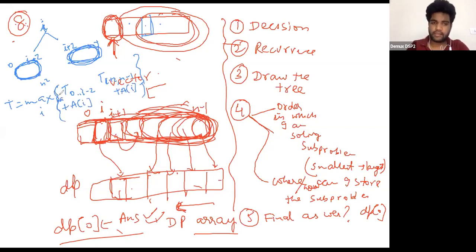So you have a max here, you have this plus this, right? This is the recurrence. So if t denotes the total you can get by robbing all the houses, it is basically t of 0 to i minus 2 plus ai plus t of i plus 2 to n minus 1. This will be the total amount that you can make, and you will have to maximize this for all i.